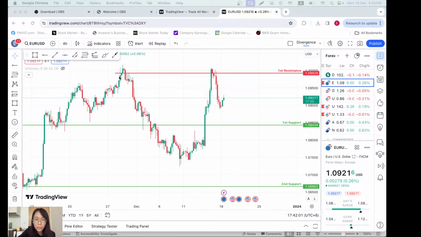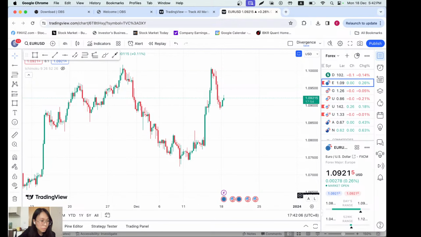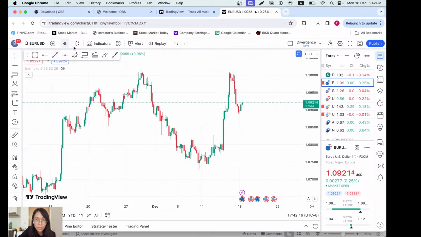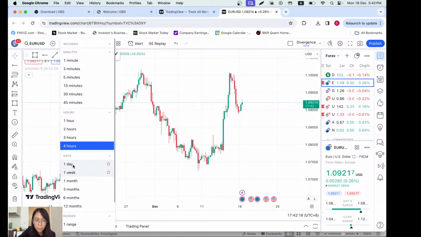And we are looking at the euro dollar. So we will toggle back to the daily time frame.